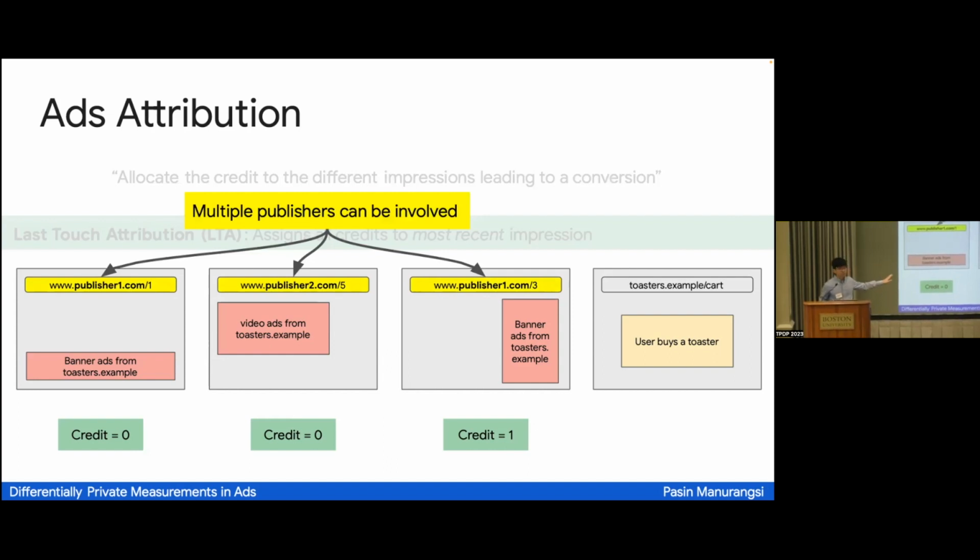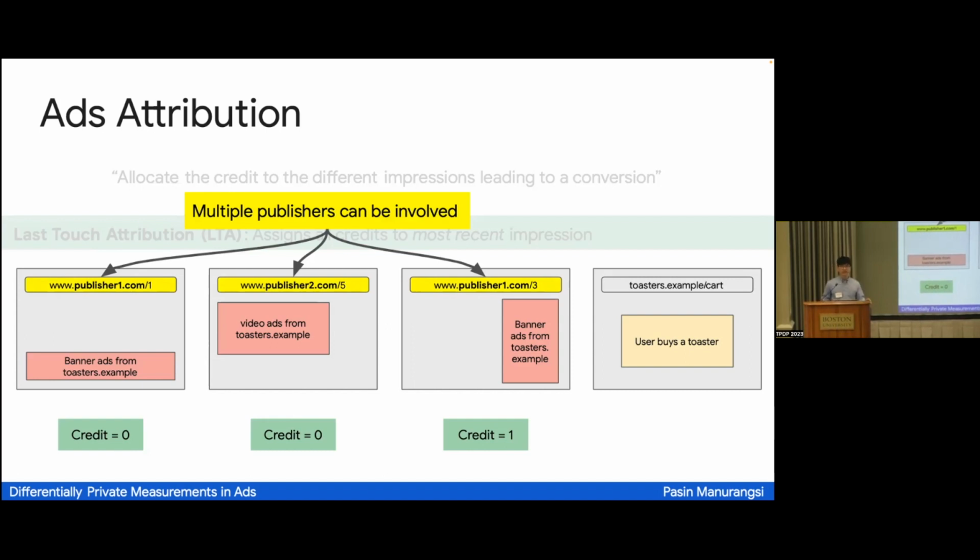So in this example, it could be that the second ad that the user sees is not on publisher1.com, but is on publisher2.com. So even though you are assigning credit to only one ad, multiple ads across multiple publishers can be considered here.